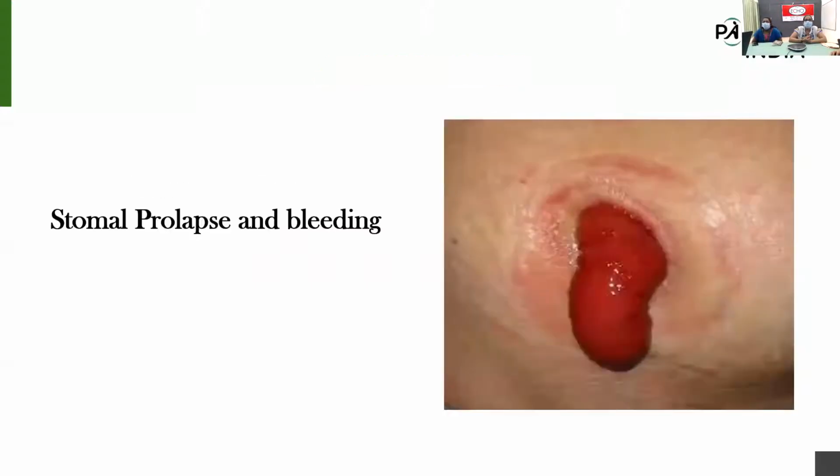Then the other thing is stomal prolapse or bleeding. Stomal prolapse is when the stoma protrudes outside the abdominal wall. If there is profuse bleeding, then we need to immediately check with the surgeon.